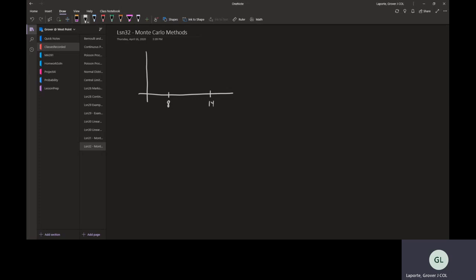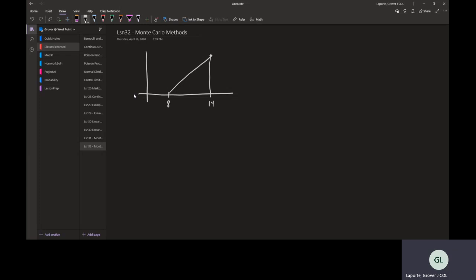There's lots of triangular distributions, but this particular one, we're going to say that most of the density of the distribution lies around 14, and 8 is the smaller part of the density. So most of the time 14s come out, and very infrequently the 8s, the smaller numbers. We could have made it the other way, but this is just the one that I chose.